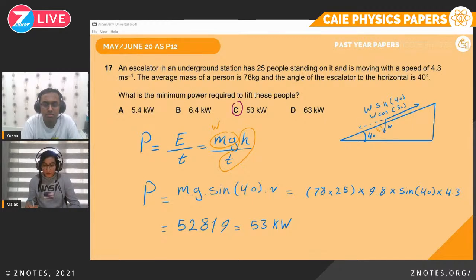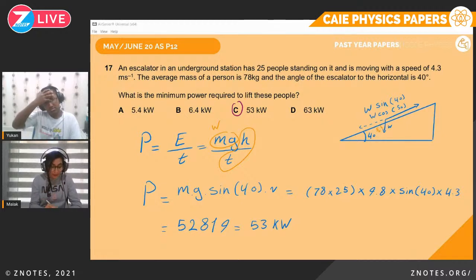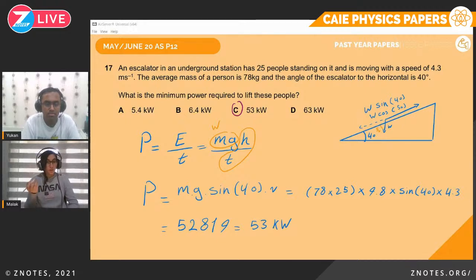Now the escalator is moving the people with a speed of 4.3. We want to know the power. So we have the equation of power right here: power equals E over time, which means energy over time. Now, the energy being used is for making the people go up. There's a height difference, and the escalator is pushing people upwards, so we can use mgh, correct?